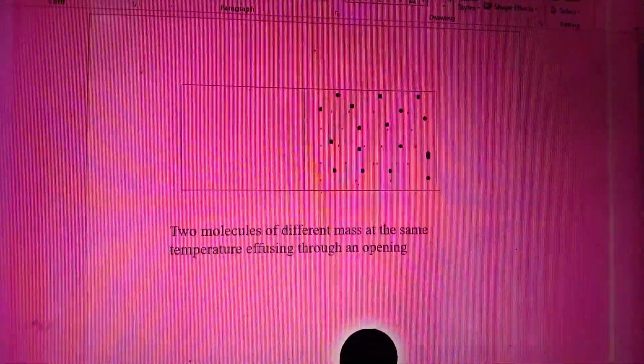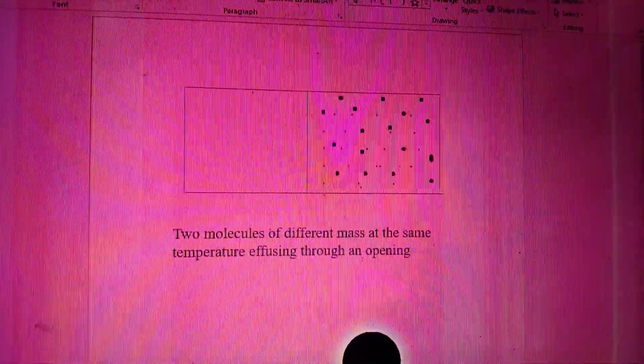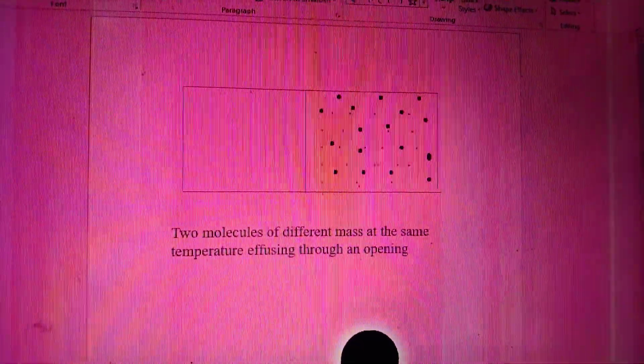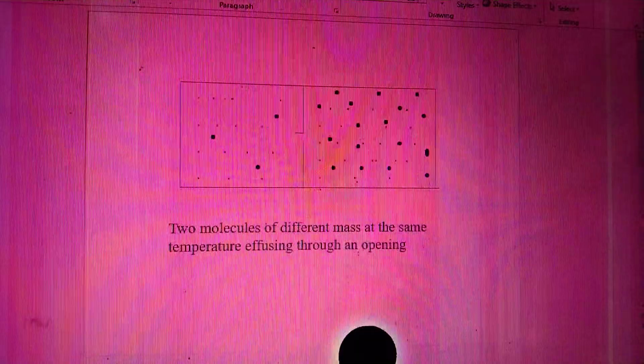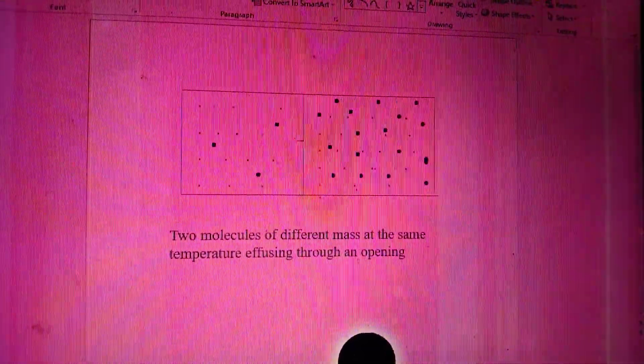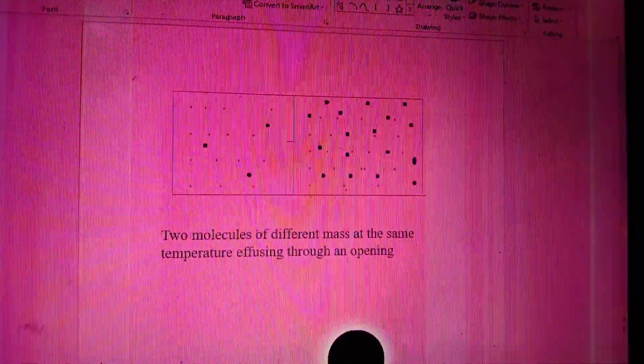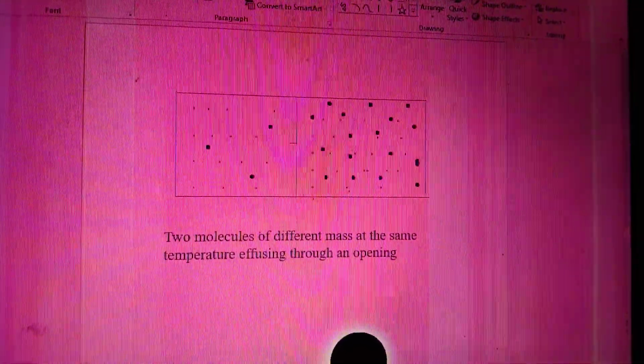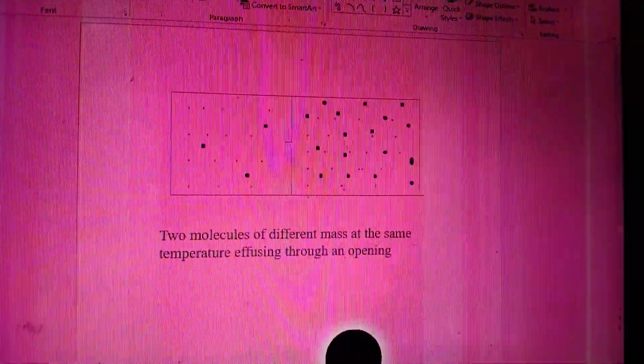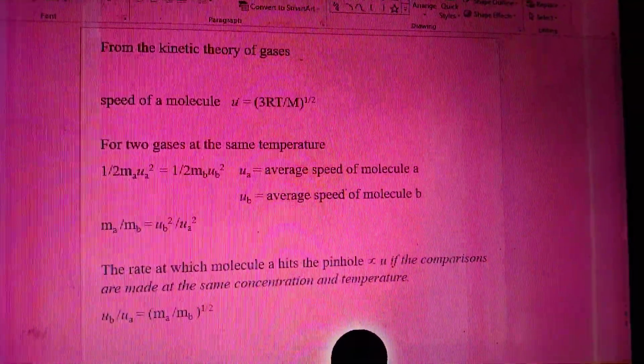Two molecules of different mass at the same temperature effusing through an opening. So here's the one and here's the other one. As you can see, it is lesser than the other side.